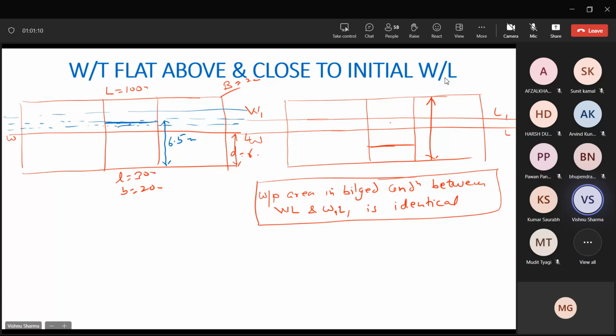So in such questions, you can read the title on top of the slide. This is the question where there is a watertight flat above the initial water line. There is a watertight flat above WL and reasonably close to it, which puts you in a fix whether the final water line will be below the flat, in line with the flat, or above the flat.